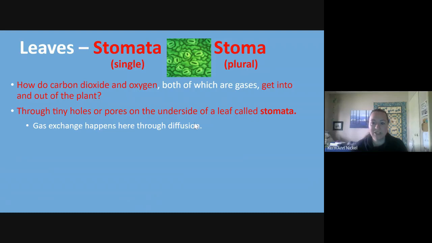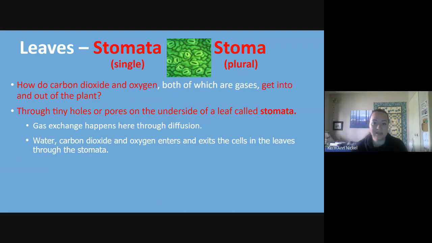So gas exchange happens, and it's always because of this moving from a higher concentration to a lower concentration, and we call that process diffusion. So water, carbon dioxide, and oxygen will be entering and exiting the cells in these leaves through these openings. Water is going to be released out. We'll talk about that in a minute.